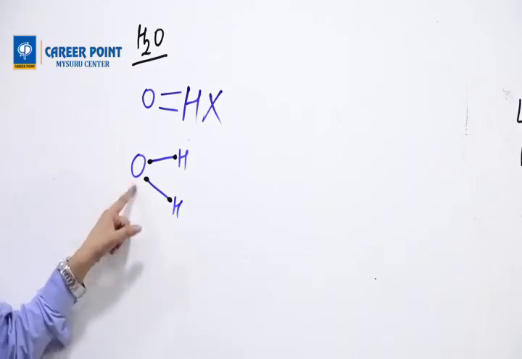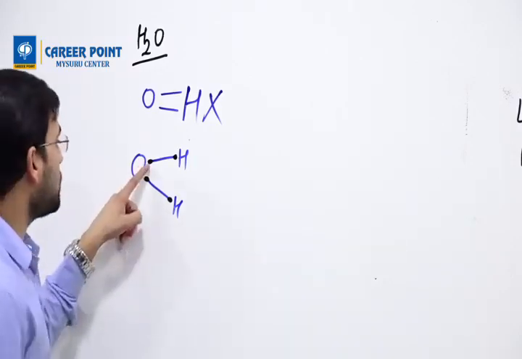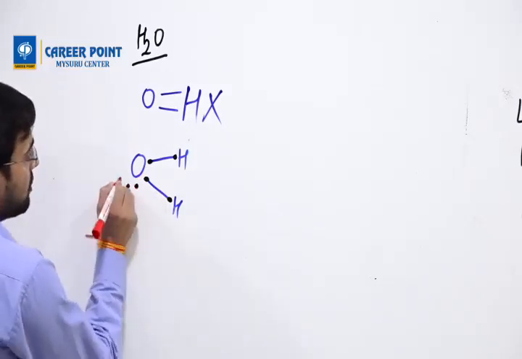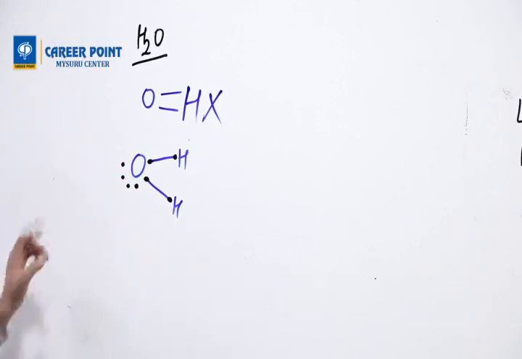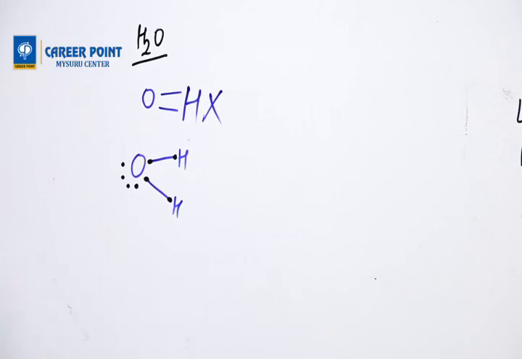So now oxygen has got total 6. Out of that, 2 are here. So 3, 4, 5, 6. Shall I draw some more for oxygen? Tell me now. Shall I draw more for oxygen or not?